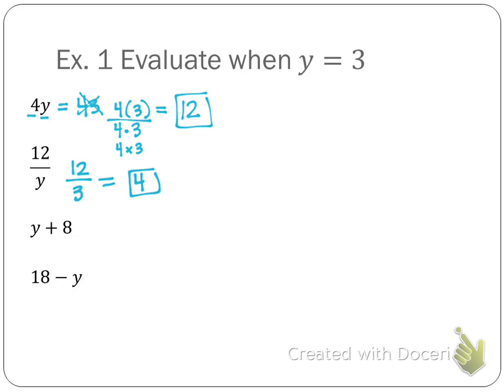I know that y equals 3, so I do 3 plus 8. What's 3 plus 8? 11. Next one, 18 minus 3 equals what? 15. Very, very simple, okay? All they want you to do is plug in that number and then solve that problem.